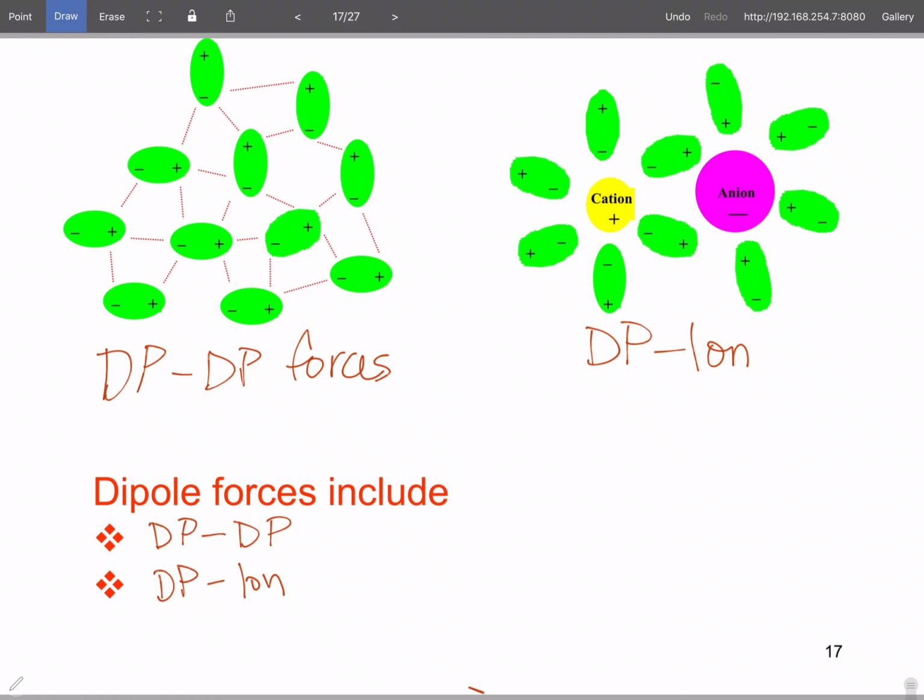Okay, that having been said, what we see here is, if you'll notice, and as I said, these should all be partials, but I was having a hard time with it. So if you'll notice, the negatives are attracted to the positives, and the positives are attracted to the negative. So this is why, and we'll get into this again later, polar solutions will dissolve salts and nonpolar will not.